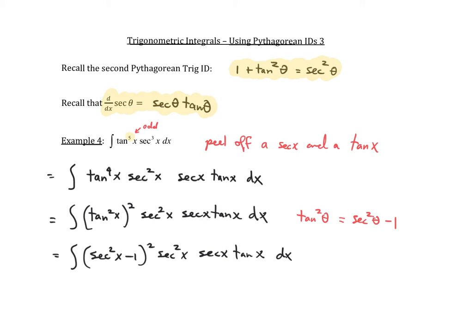So we are perfectly set up to do u substitution. So we'll let u be equal to secant of x. And then du dx is going to be equal to secant x tangent x. We could treat dx as a differential. This gives us du is equal to secant x tangent x dx.